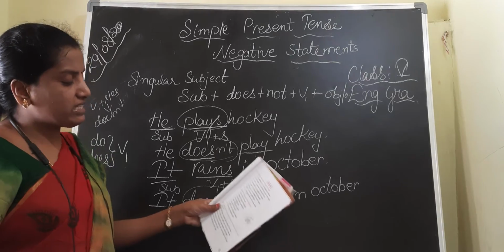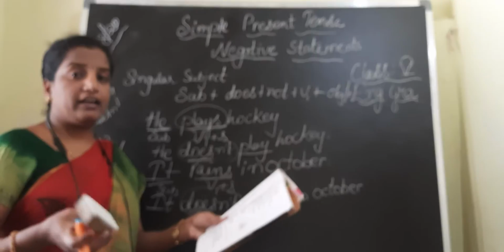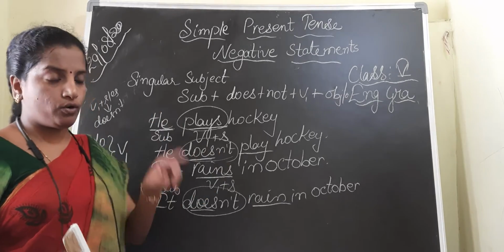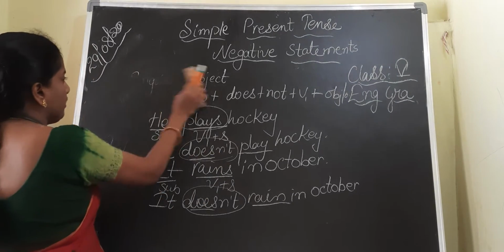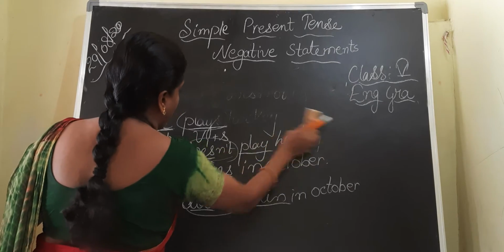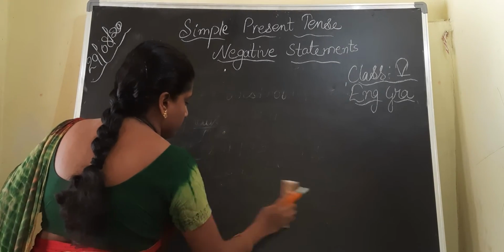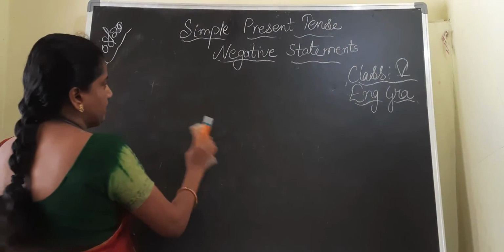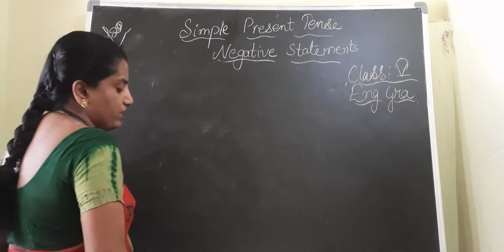Coming to your exercise, children, they gave 3 Romans to you. I'll discuss one Roman now, then you will be very clear with your topic. What is going on now? The topic is negative statements, simple present tense negative statements.